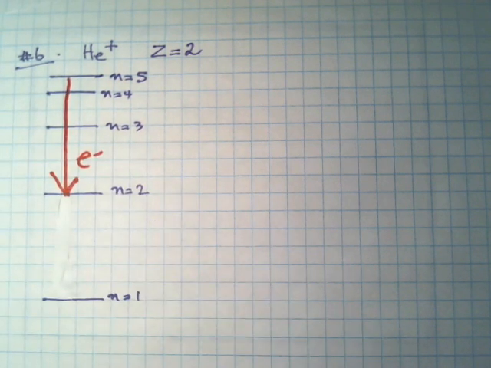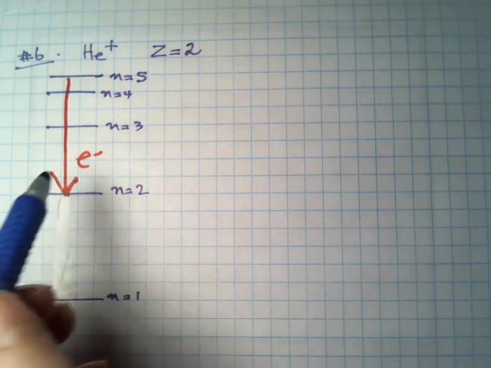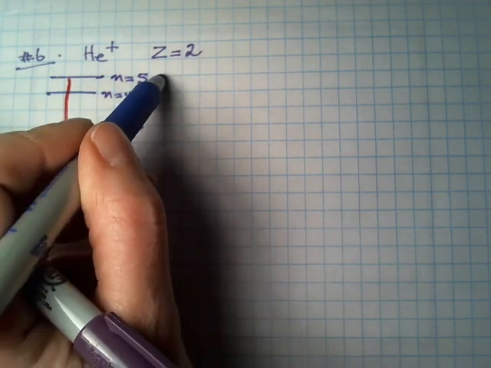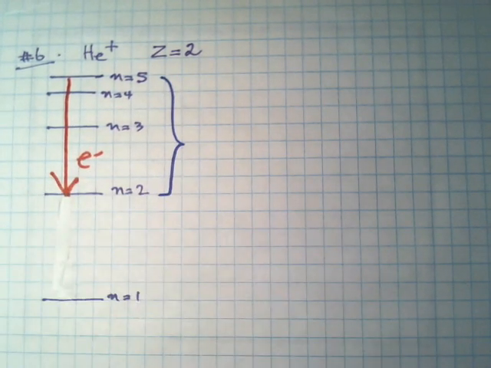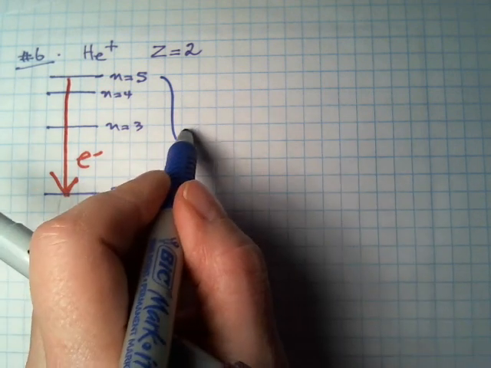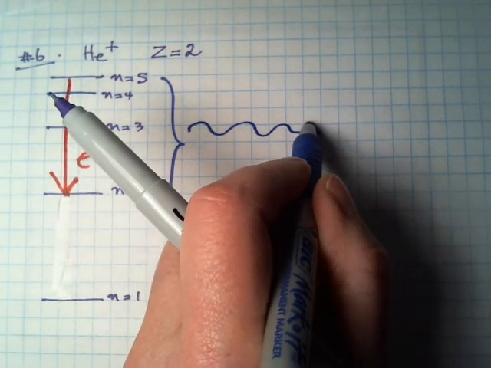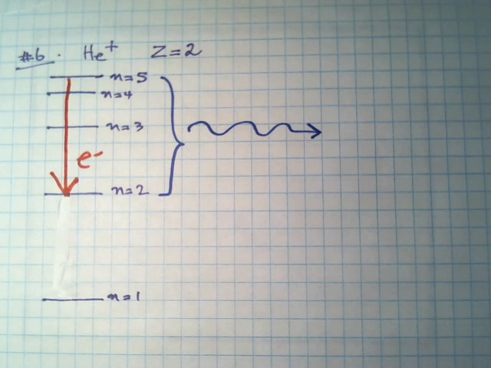And I need to know what is the frequency of that radiation being emitted. So again, when it relaxes, I have this energy difference between the fifth and the second that has to be accounted for, and that's, of course, being released as energy.